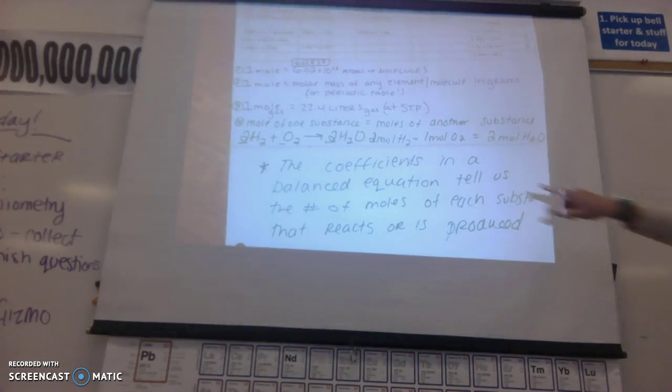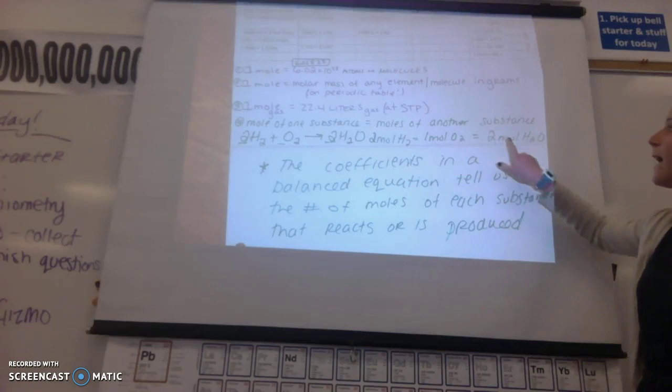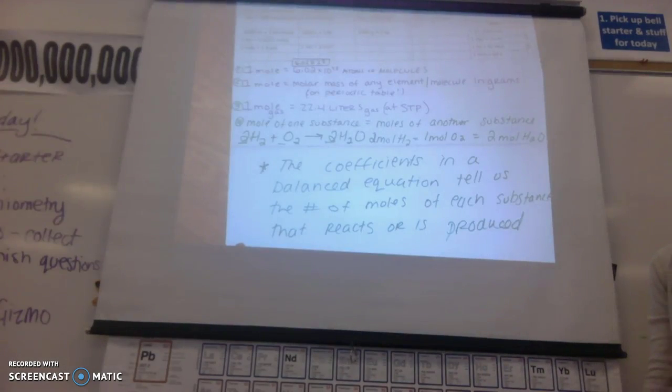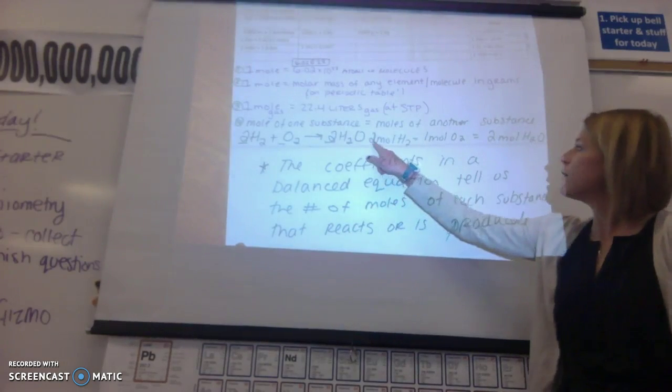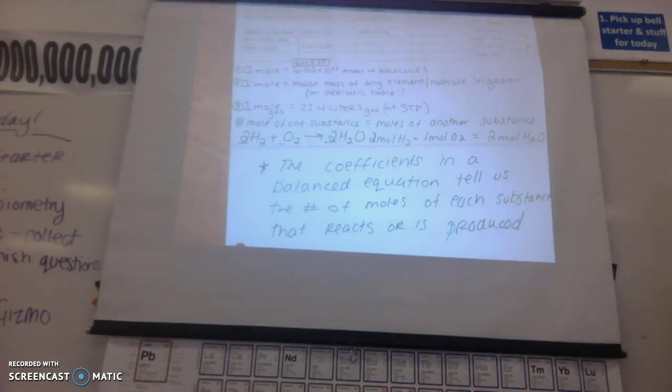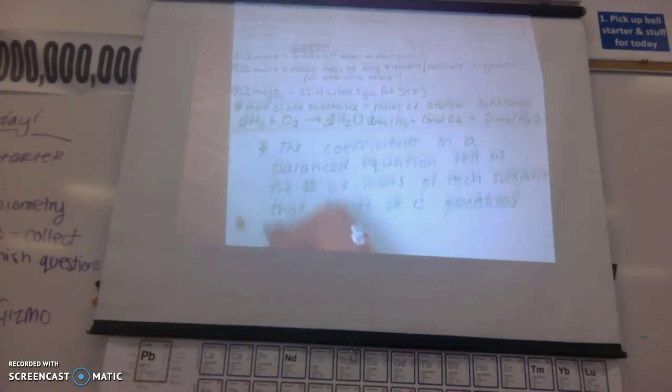So those would be all the equalities I can create from this balanced equation. It's okay if this is feeling a little weird right now. I'm going to practice using it in a second. So we'll start with an example.